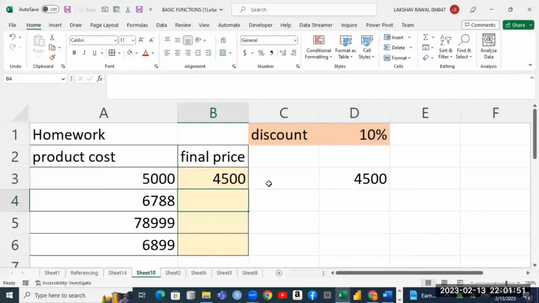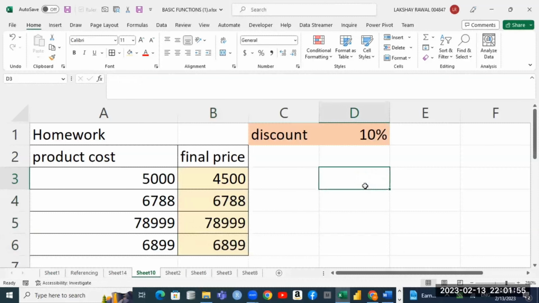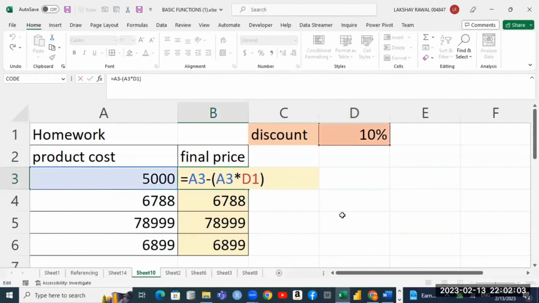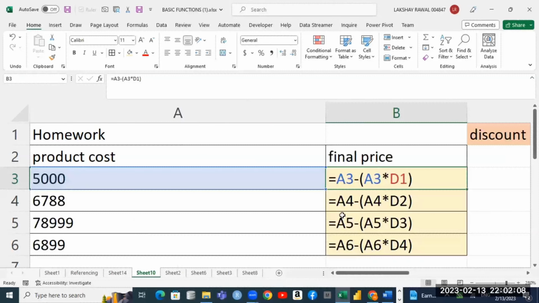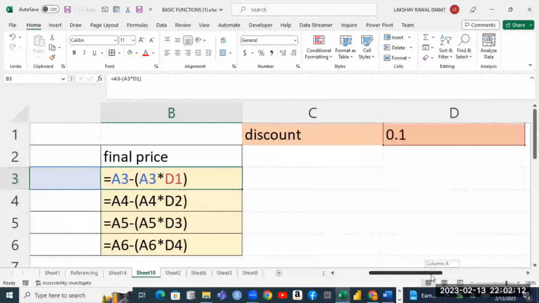Now if I drag the formula, it will show like this. There is a discount, but what is the problem? Look here. A4, D2.